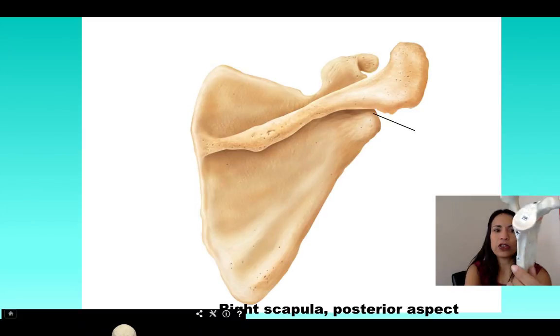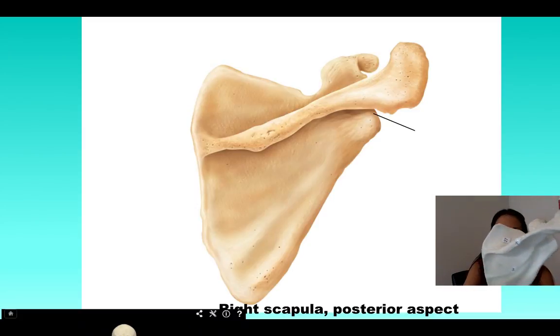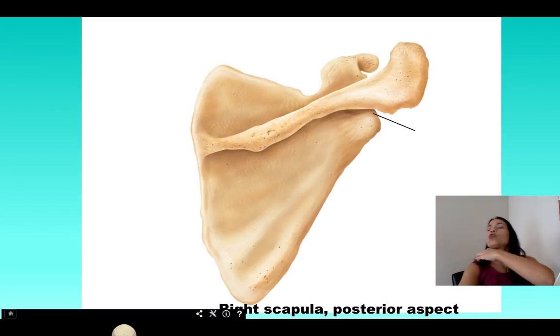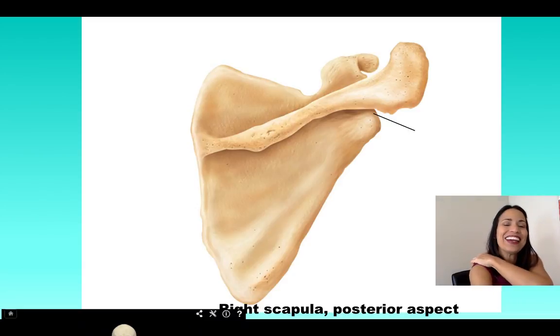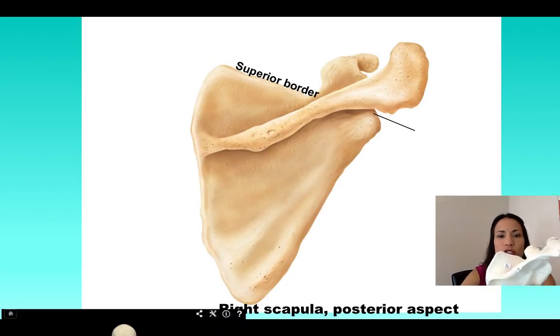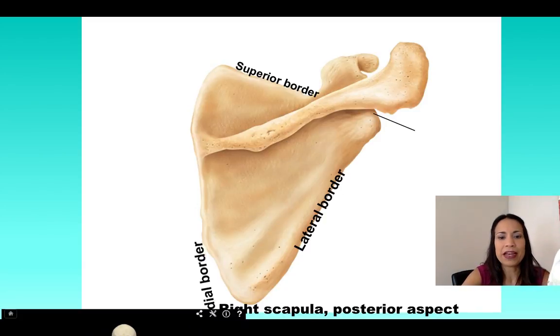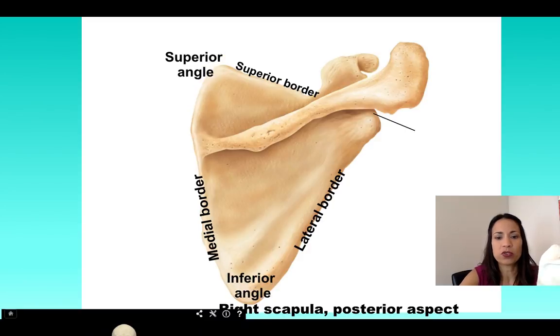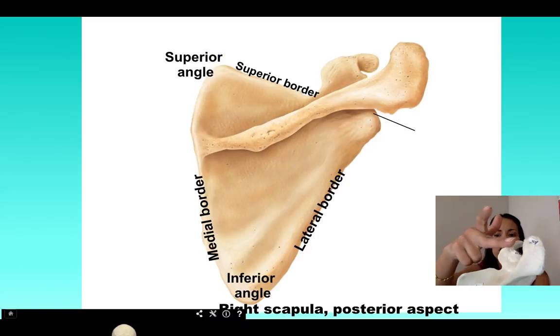I'm going to turn it from the anterior view to the posterior view, where you have this projection that we call the spine. And you should be able to touch it. Touch it right there. You can feel the spine of the scapula. So again, we have the superior border, the lateral border, the medial border, the superior and inferior angles.